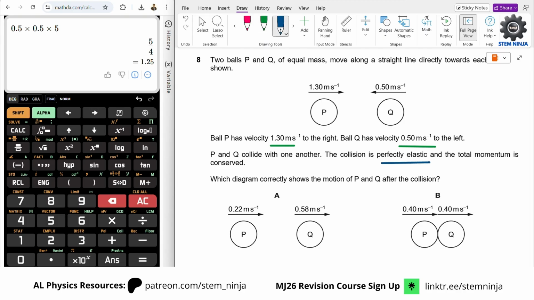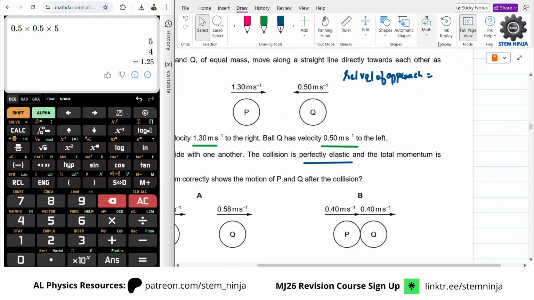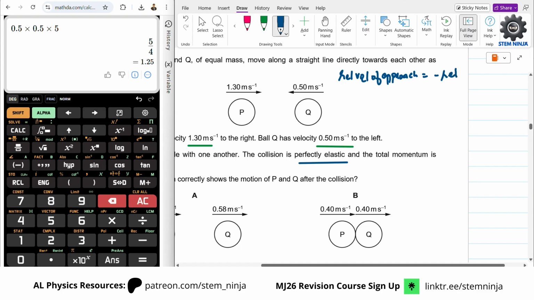Okay, so if it is perfectly elastic, we have relative velocity of approach equals negative of relative velocity of separation. So although the magnitudes are equal, they will be in opposite directions.